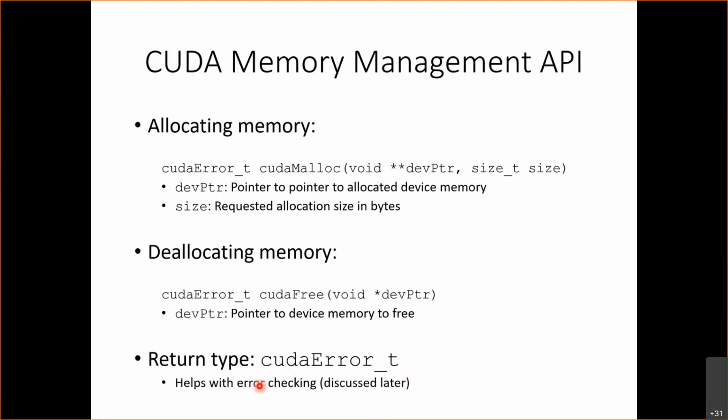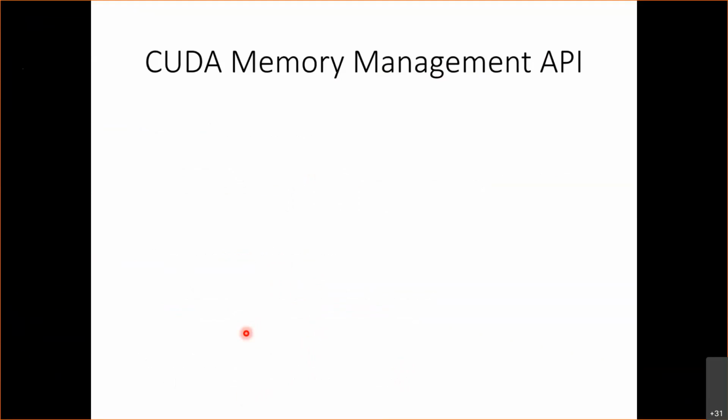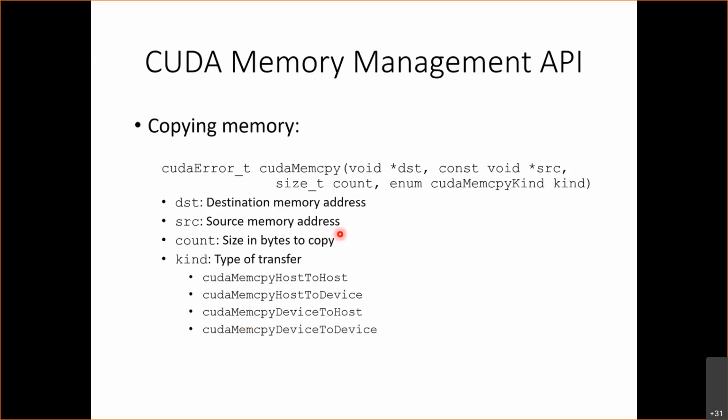Okay, so now that we know how to allocate and deallocate data, the next step is to copy data to the GPU and copy data back from the GPU. The way to do that is by using a function called CUDA memcpy. CUDA memcpy takes a destination address, a source address, the size of the data that I want to copy, and the direction of the copy.